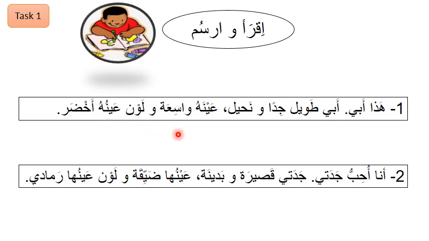I want you to read the sentence again and stop at each of the parts to complete the drawing. رقم 2, أنا أحب جدتي. جدتي قصيرة وبدينة. عينها ضيقة ولون عينها رمادي. Again, read the sentence by yourself and draw each part of the sentence as a picture in your book.